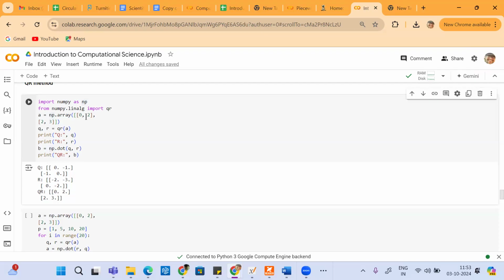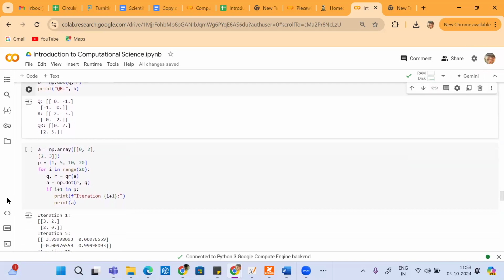The QR method is coming. So the next example will apply the QR method to the same matrix, and we will do some 20 iterations for this. Of course, you can do as many iterations as you want.